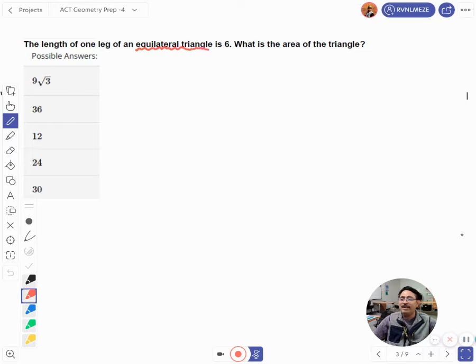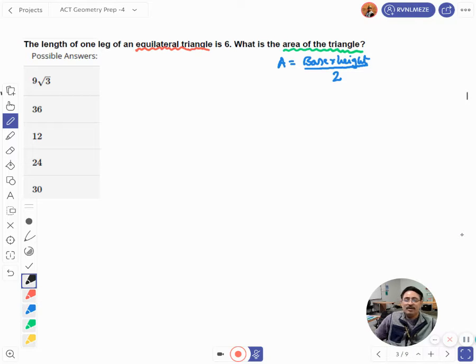So, if I have to compute the area of a triangle, the first thought that comes into my mind is area of triangle is base times height over 2.